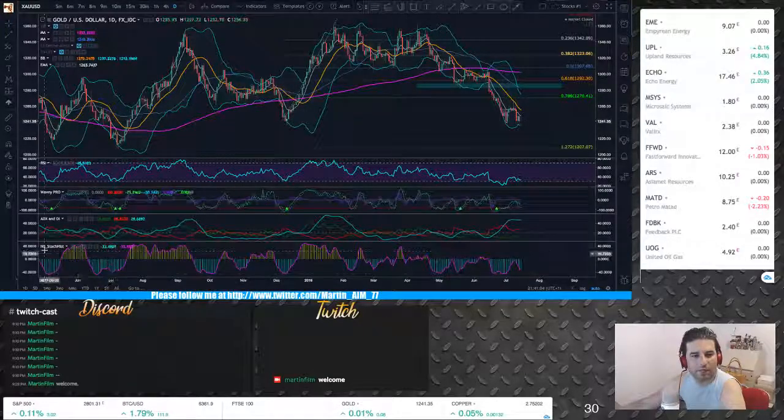And then the final one, which is this stochastic histogram, is all based on the T3 CCI. It's pretty much the same kind of script, but I just modified it. So I tend to look at this on reversals as well.